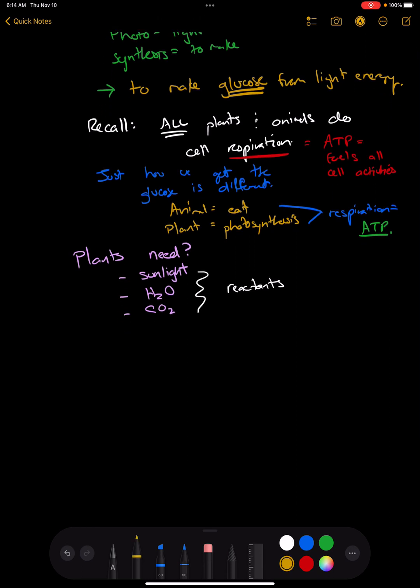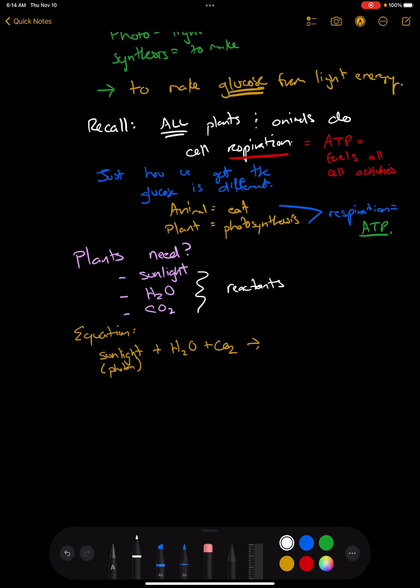So let's write our equation out. Equation. So I need sunlight, which can also be written as photons. Say a photon is just a packet of sun energy, plus H2O, plus CO2. And then what do plants make? What's the one thing we're trying to make right now?